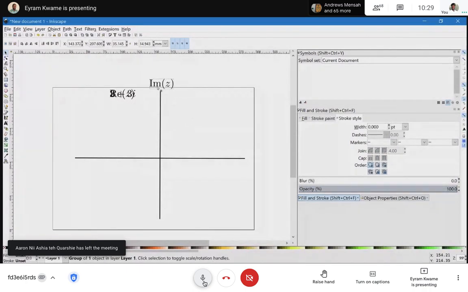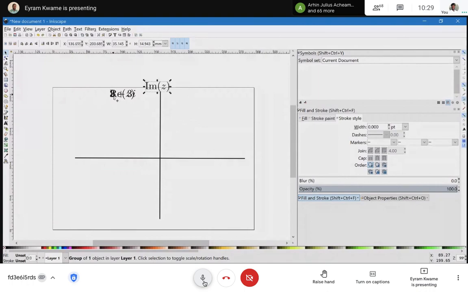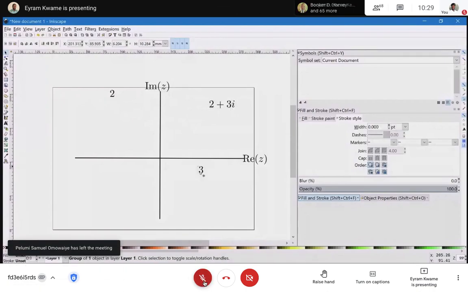I'm not sure. So this is the imaginary part. This is the real part. I want to sketch it somewhere here. And the 3, that is the imaginary part. On the imaginary axis, I'll go for 3, and then on the real axis, I'll go for 2.